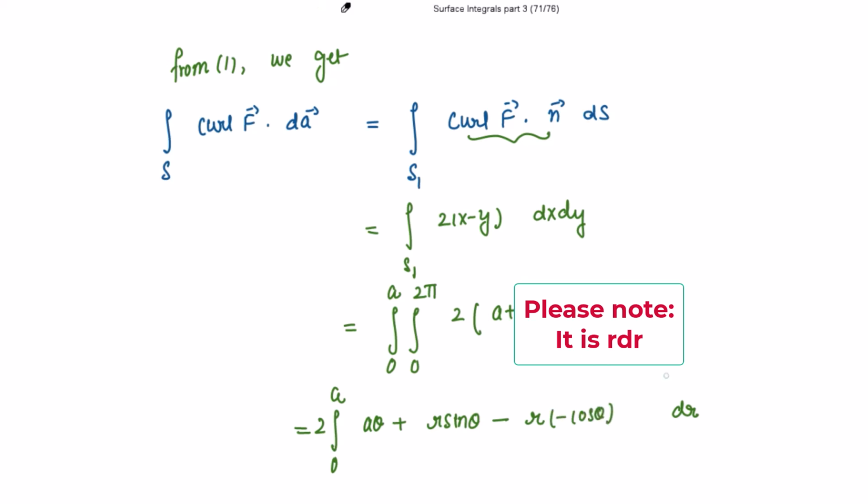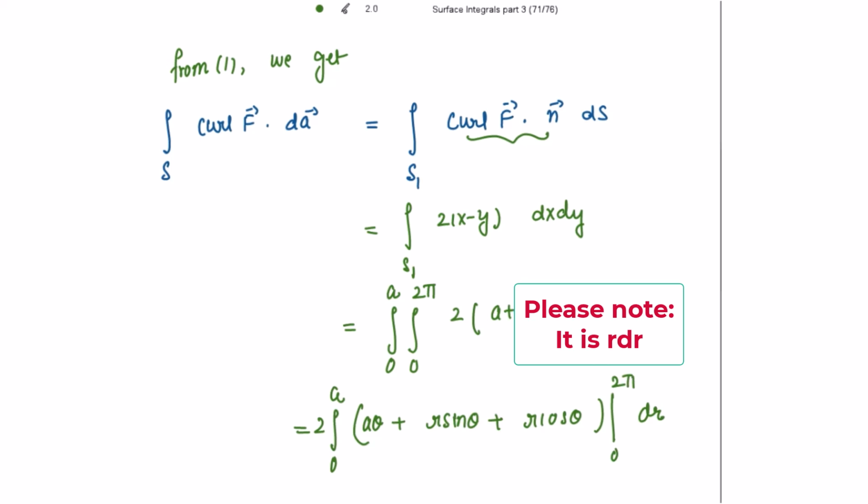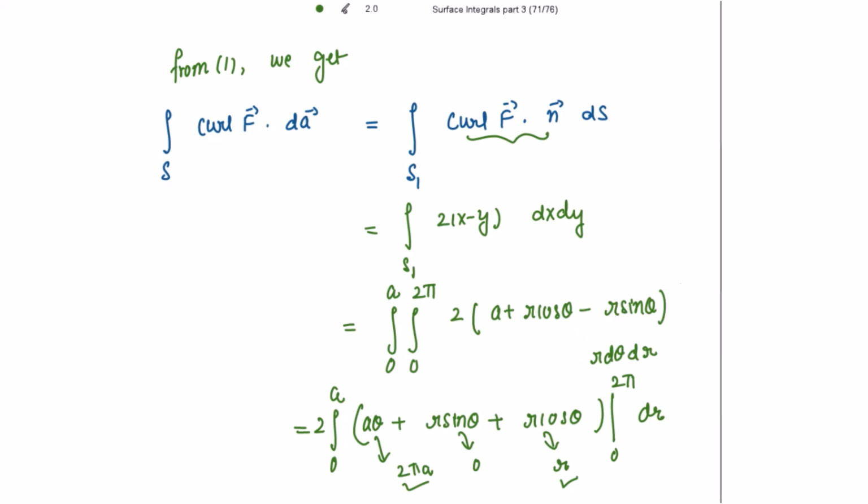So managing the sign, this becomes plus r cos theta, and the limits from 0 to 2 pi. When putting the upper limit we get 2 pi a, this becomes 0 and this becomes r because cos of 2 pi is 1. So we are getting 2 pi a plus r when putting the upper limit.